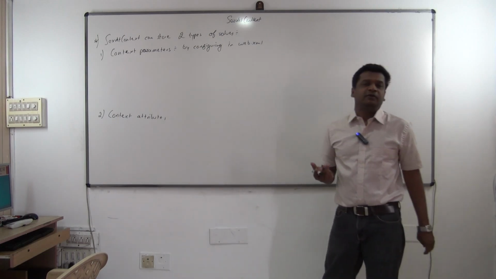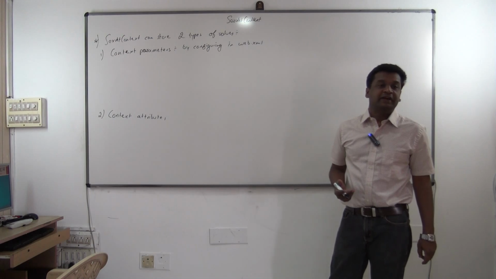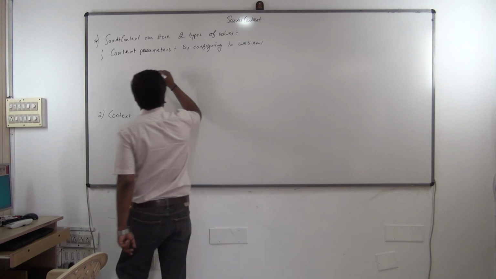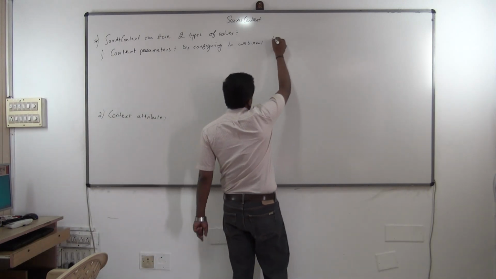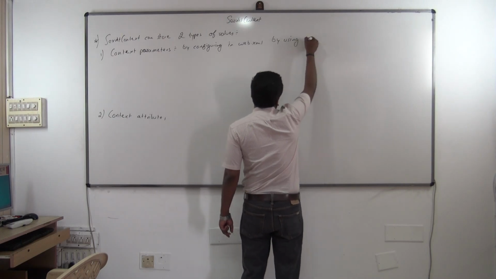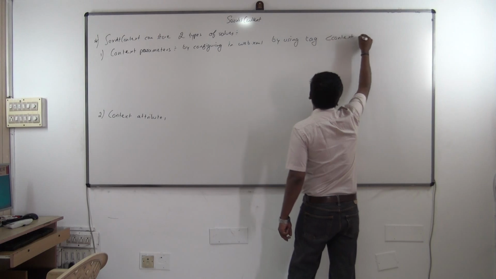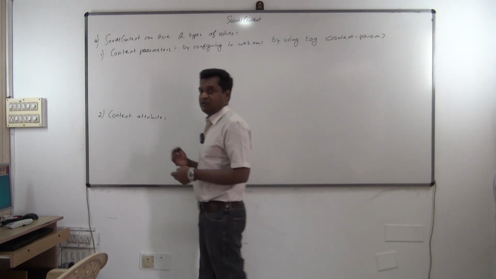And once you configure it, you can retrieve it in your program whenever you want by calling getInitParameter. Which tag? The context-param tag. If you do this, it will be stored.